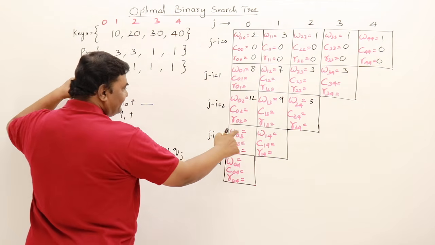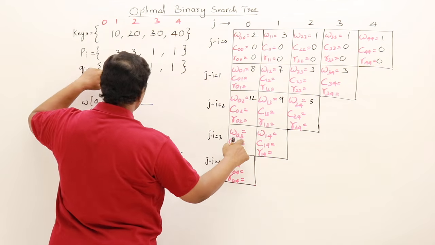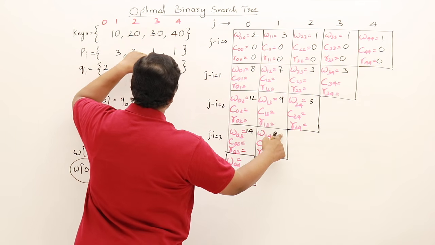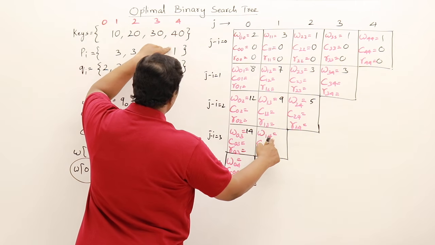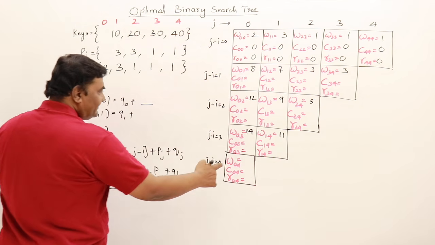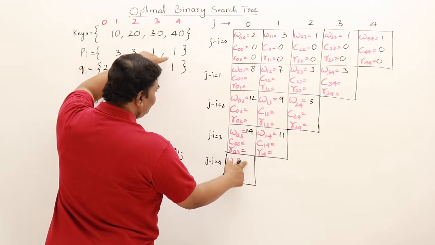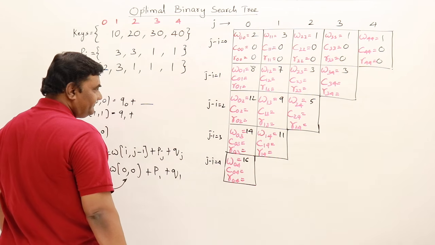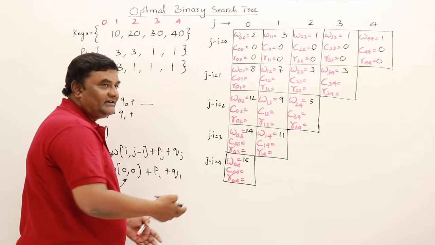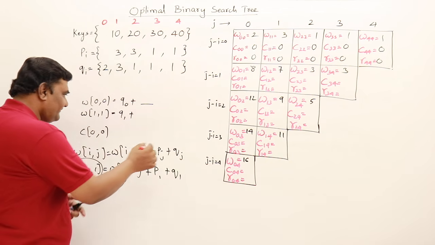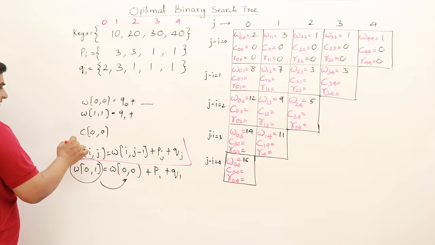Then next, this one, 12 plus 3, 3, 3 is 2. So this is 14. And this is 4 comma 4. So 9 plus 2 is 11. Then this one, 1 comma 4, is 16. 14 plus 2 is 16. So W values are filled by using this formula. You can see this is the formula, right?